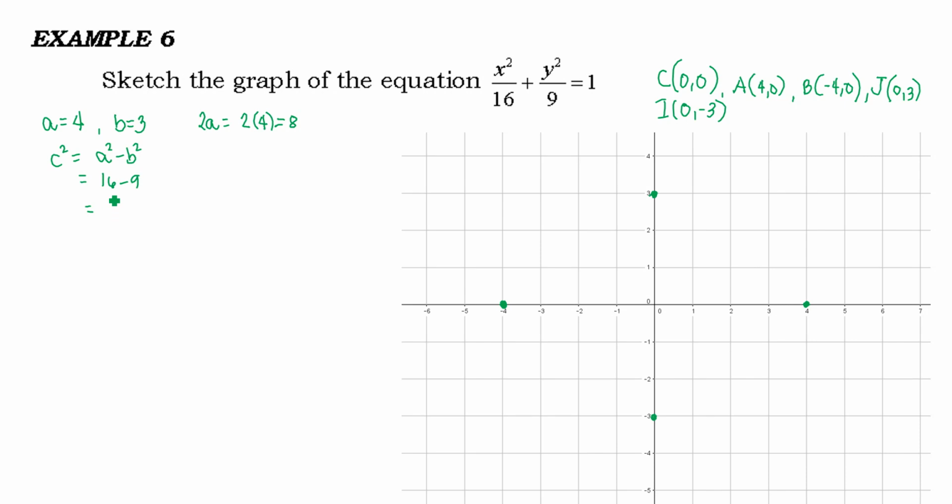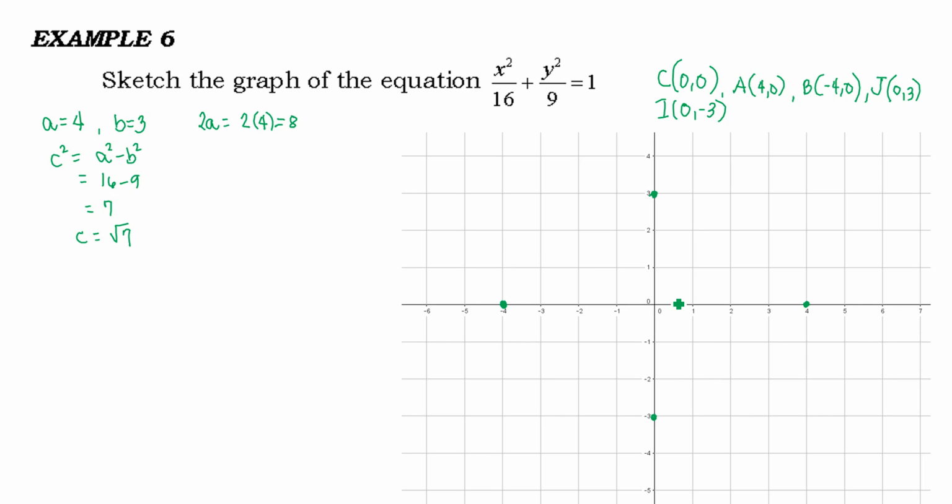In other words, our c would be the square root of 7. So, our foci should be collinear with our major axis. Square root of 7 is approximately equal to 2.65.